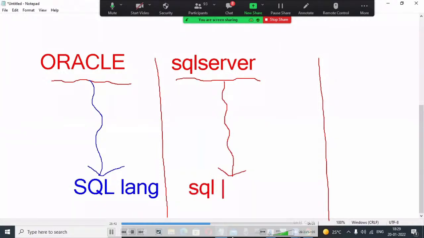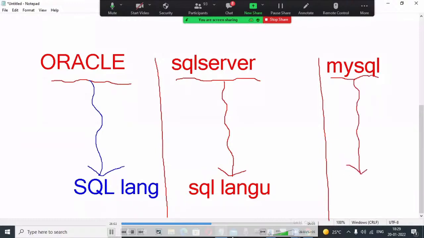Again, many people in my company use MySQL, a relational database product that is open source. They operate the MySQL database also using SQL, which is a universal language.